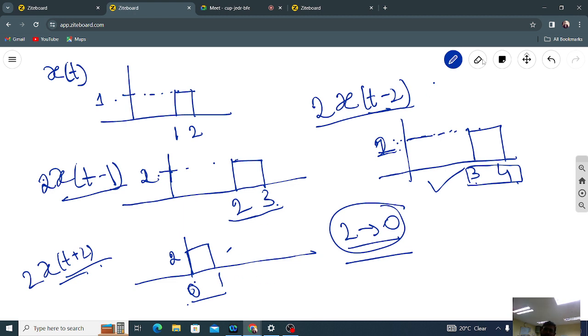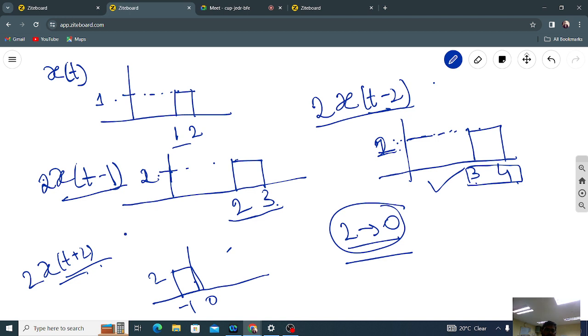Sorry, this one should be, I just drew it wrongly. Minus 1 to 0 by a factor of 2, because the signal starts from 1 and is getting shifted by a factor of 2. So 1 minus 2, that is minus 1. So this will be minus 1. This will be 0.